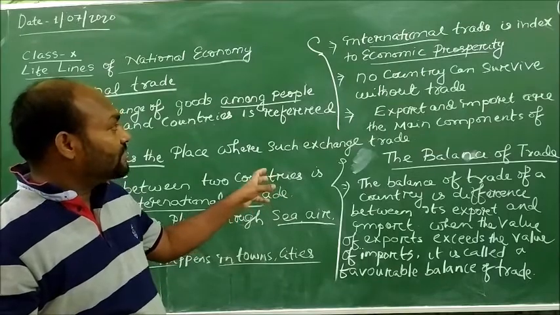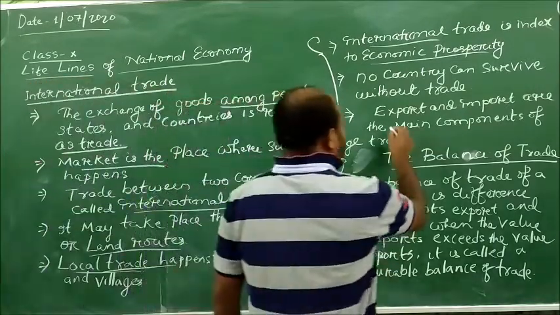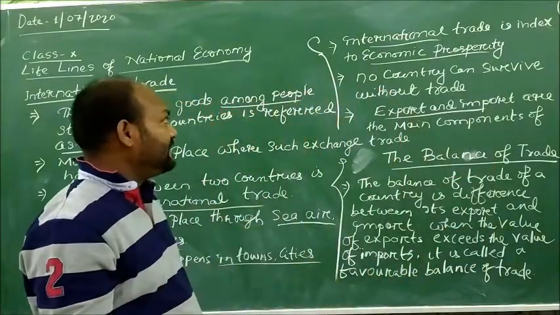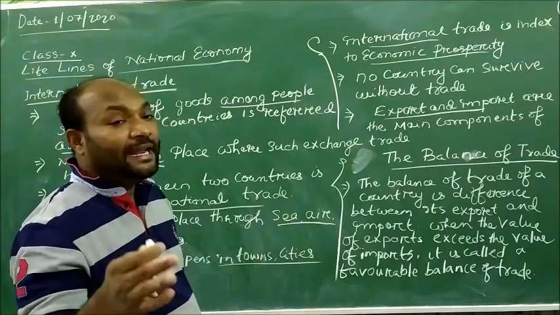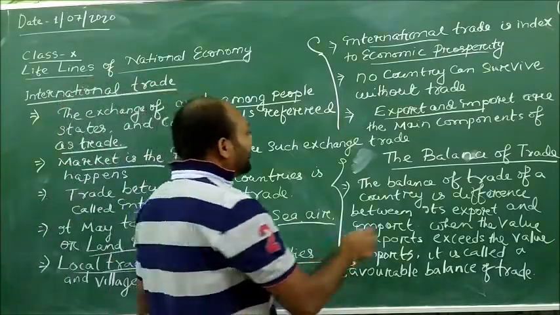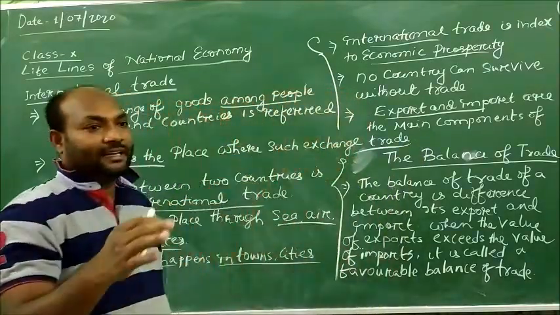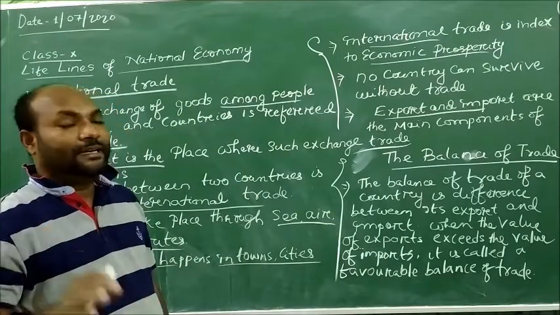It will cause export activities, at the same time import activities. Export and import activities are the main components of trade here, because when we are doing international trade, we need to have export and import activities.